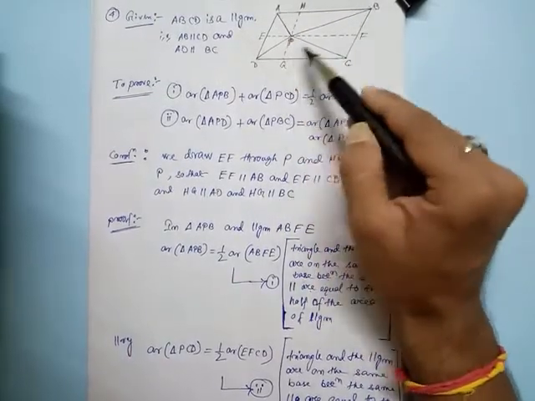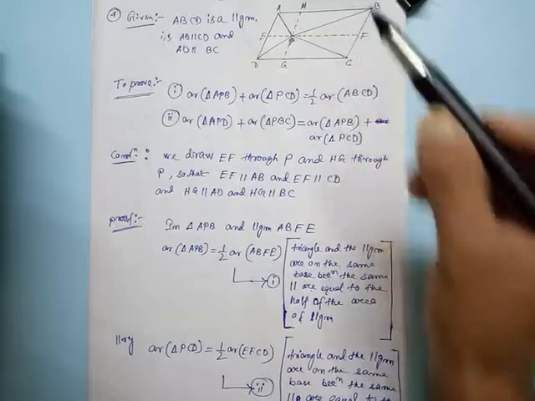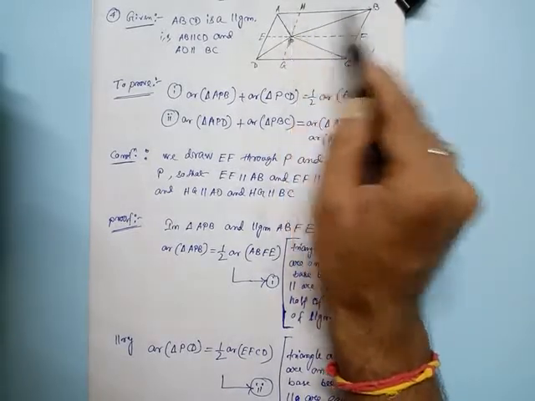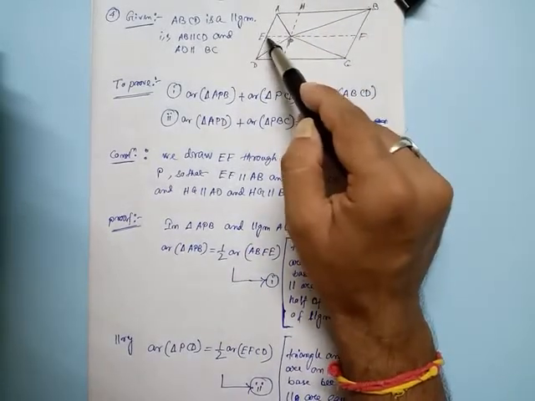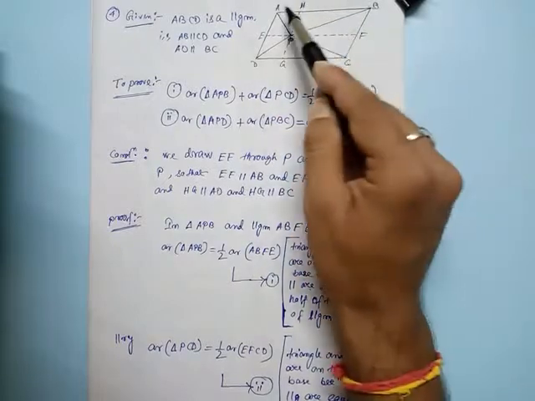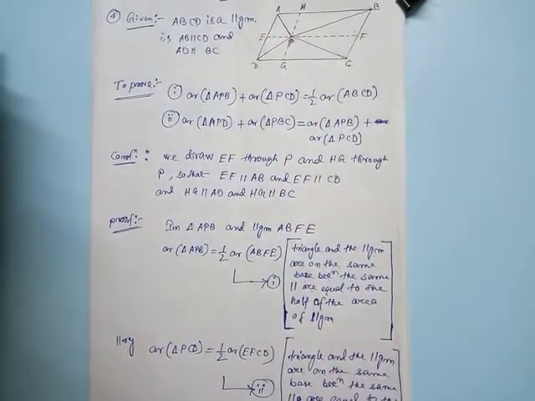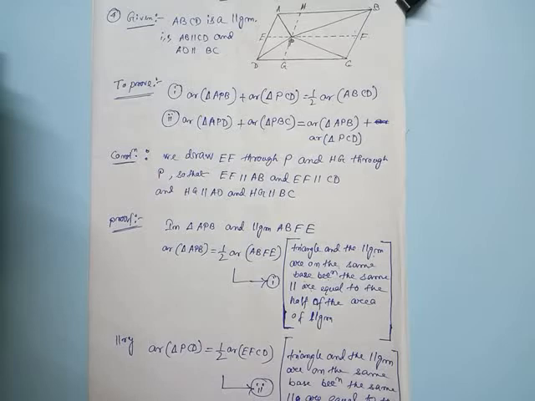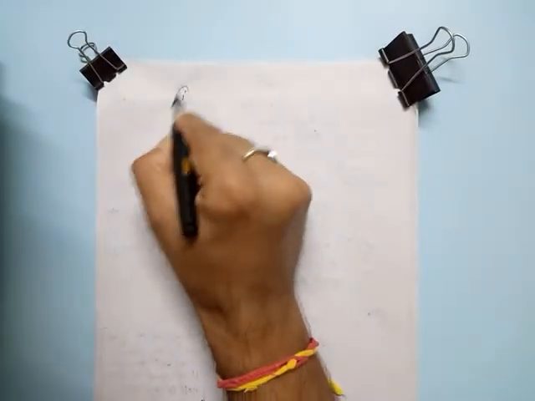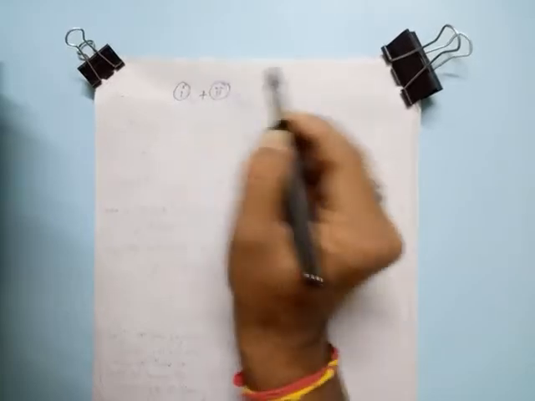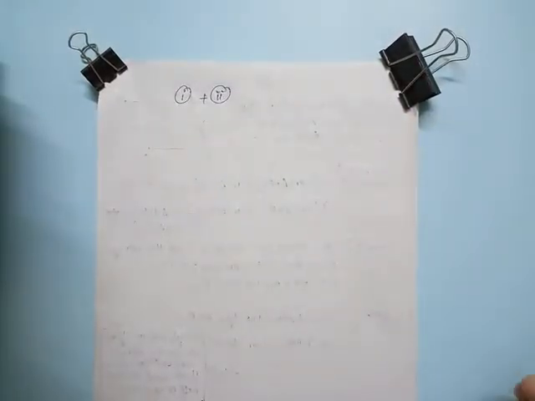APB and PCD, these two triangles, so area ABFE and area EFCD, if we add these two, we'll get ABCD. So now I will add 1 and 2. Now adding 1 plus 2, which means equation number 1 and equation 2 I will add.